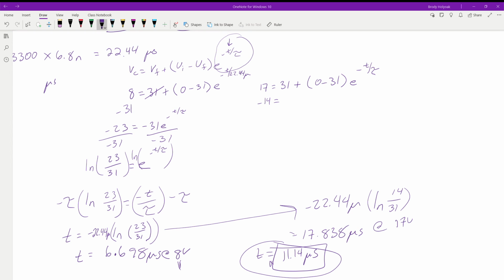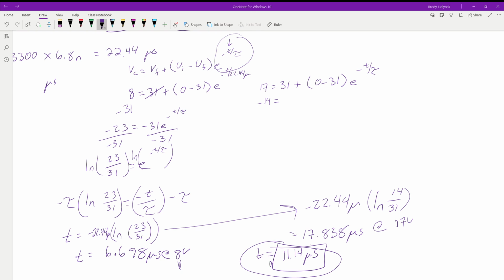Yeah, makes sense. Just wanted to check this with you really quick because I think I just figured out a little bit of a shortcut for this last equation we just did. I made a full equation that just simplifies it down, which was to find the t. It's t equals the negative tau times the natural log of negative VC plus voltage final divided by voltage final.